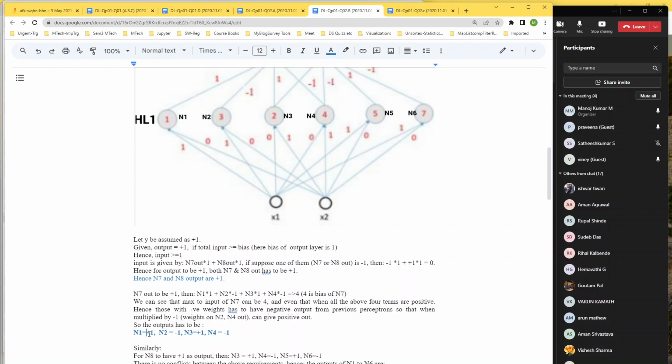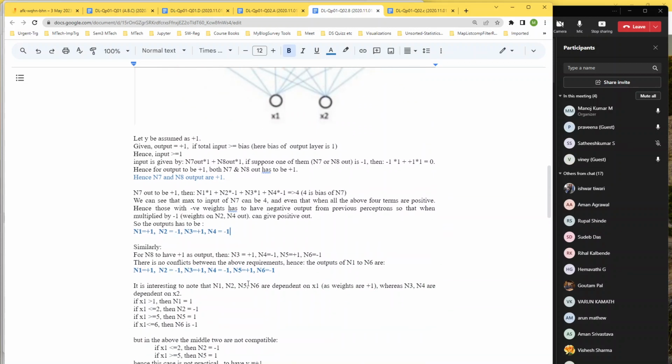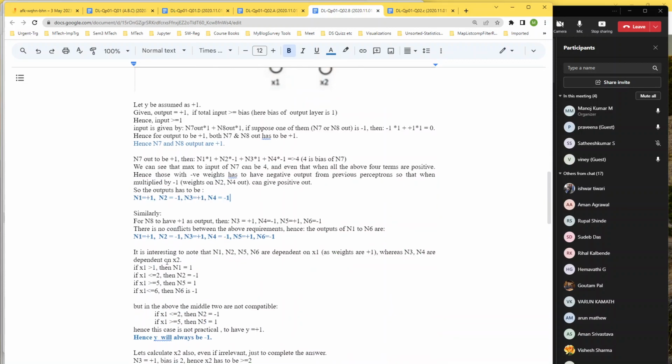So it has to be greater than or equal to 4, this is where I mentioned it. Similarly for N8 also we need a similar 1, 1 minus 1, 1 minus 1. And N8 is not connected here, so this one I can remove.